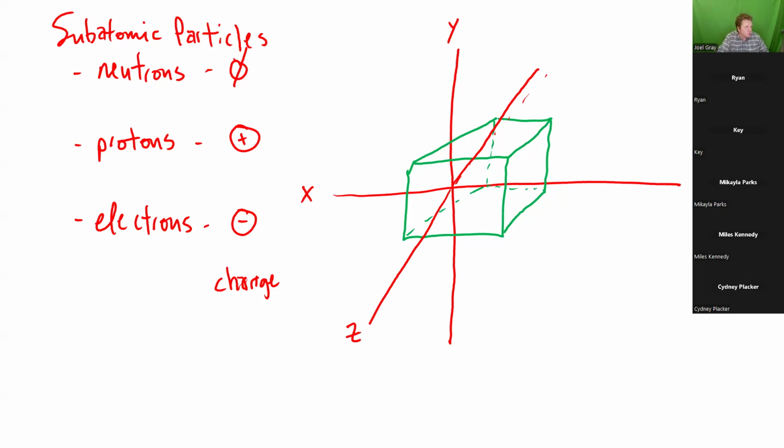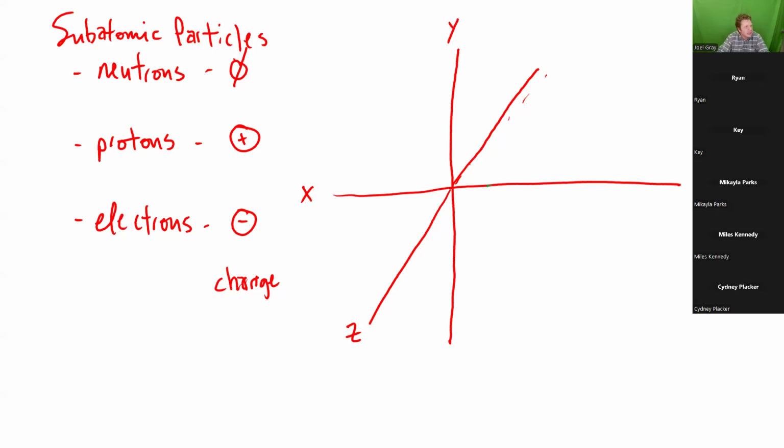So whenever we're drawing an atom or thinking about an atom, I'm going to do some erasing here. We can think about that atom existing in 3 dimensions.